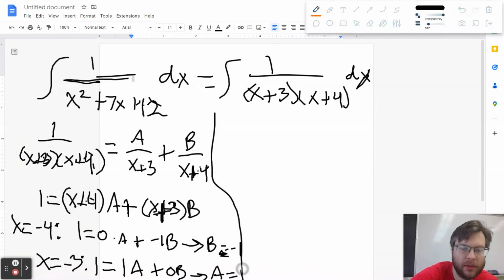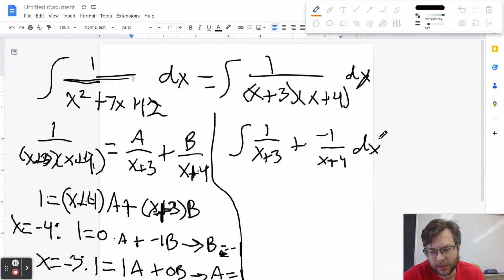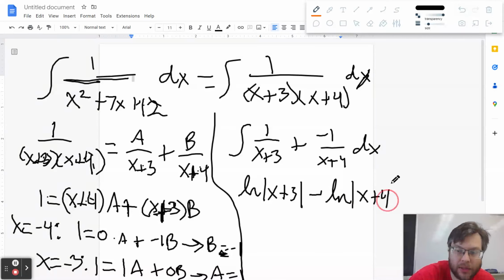Now my original integral can be written as 1 over x plus 3 plus negative 1 over x plus 4. Each of them is a linear term with a coefficient of 1, so now I can integrate: natural log of absolute value x plus 3 minus natural log of absolute value x plus 4 plus c.